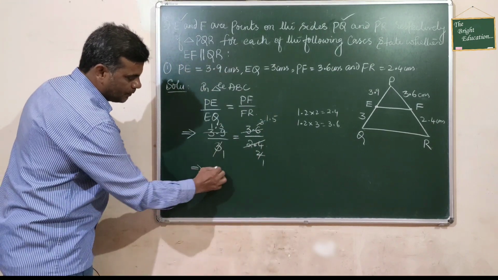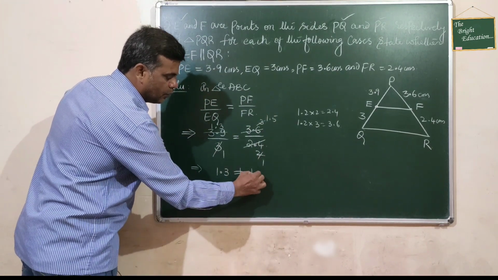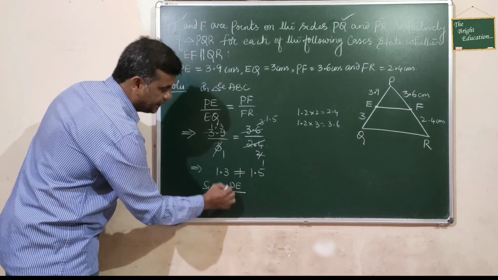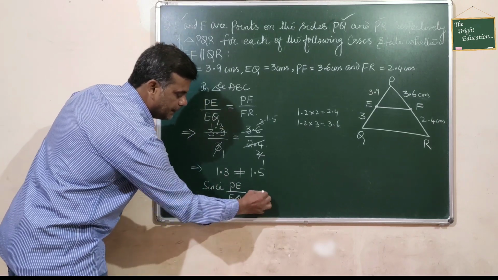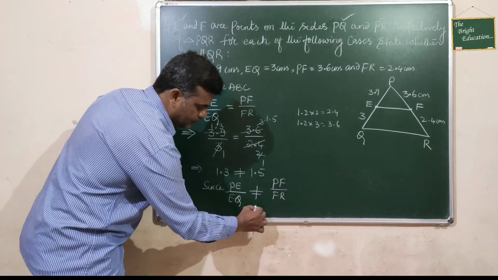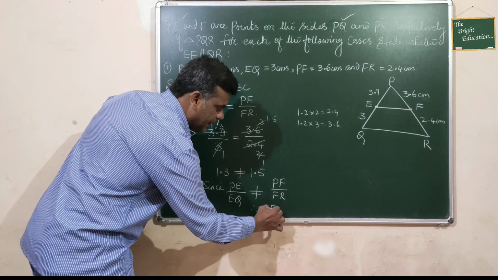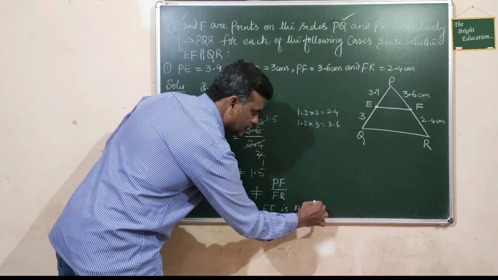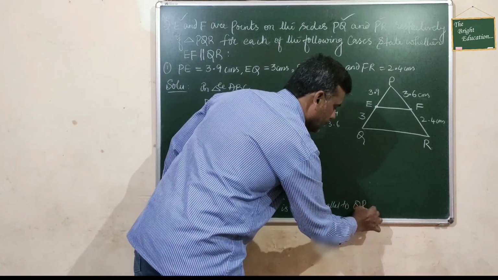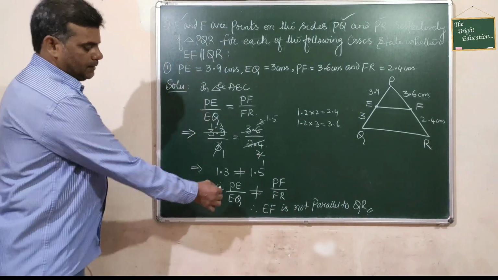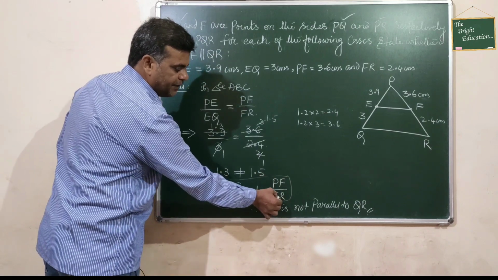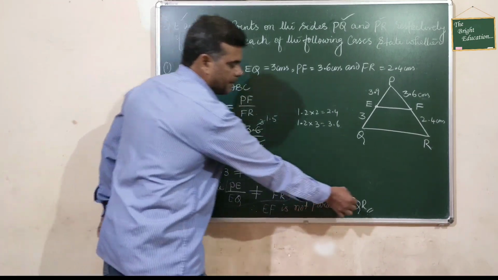As you know, 1.3 is not equal to 1.5, since PE divided by EQ is not equal to PF divided by FR, therefore EF is not parallel to QR. We arrived at the conclusion that PE by EQ is not equal to PF by FR, therefore we can say that EF is not parallel to QR.